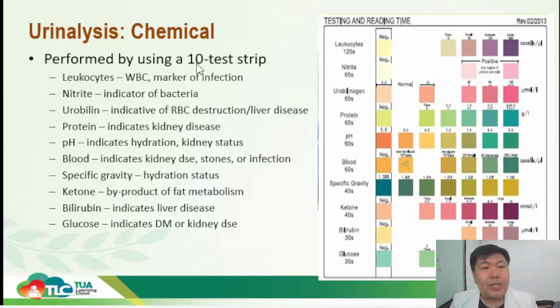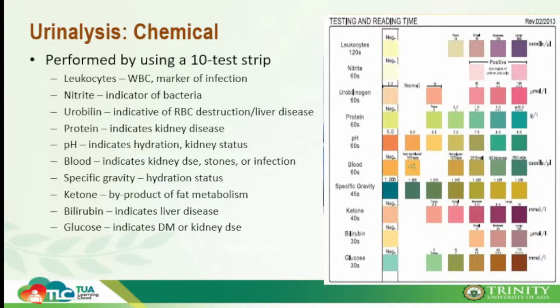So what are those 10 chemicals that we look for in the urine? Those that are included are your leukocytes, or WBC, as a marker of infection. Nitrite is also an indicator of bacteria. So when there is a UTI, we usually expect positive leukocytes and positive nitrites. Your urobilin, as mentioned, is an indication of RBC destruction or liver disease.